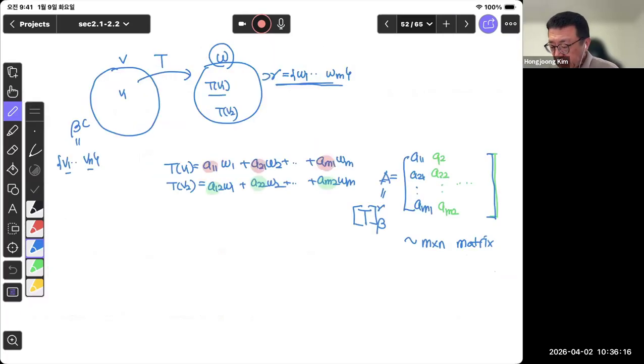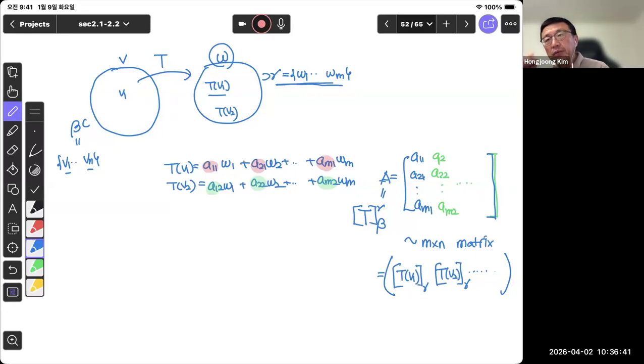So as I said, the first column is the coordinate of T of V1 with respect to gamma. The second column is the coordinate of T of V2 with respect to gamma, and so on. So if you fill these n columns with the coordinates of the images of the vectors in a basis, that will be the matrix we are looking for.